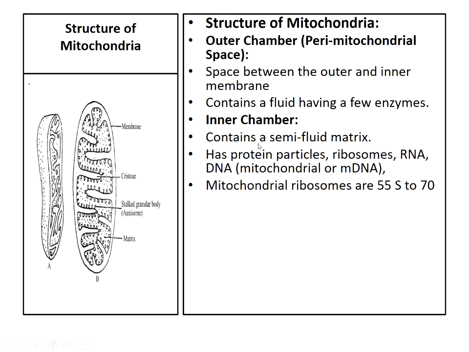Next is the inner chamber, and it forms the core of the mitochondrion. The inner chamber contains a semi-fluid matrix, and the matrix has protein particles, ribosomes, RNA, DNA, which help in the Krebs or TCA cycle, and also some amino acid synthesis and fatty acid metabolism, and crystals of calcium phosphate and also manganese.